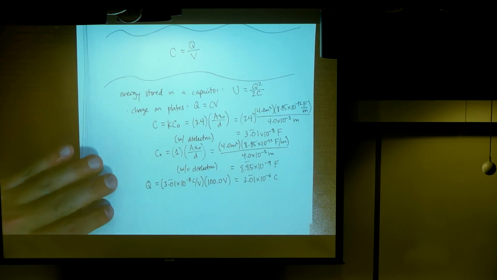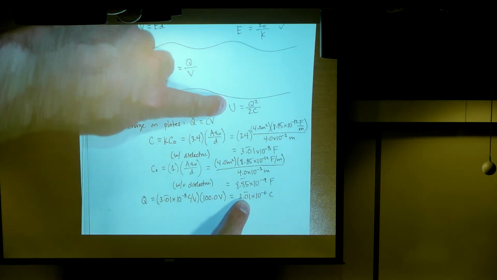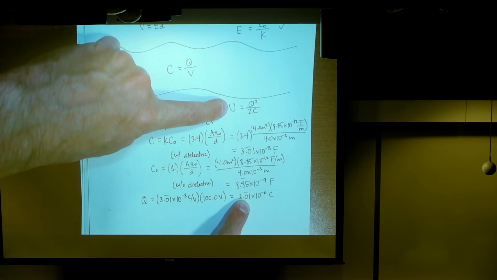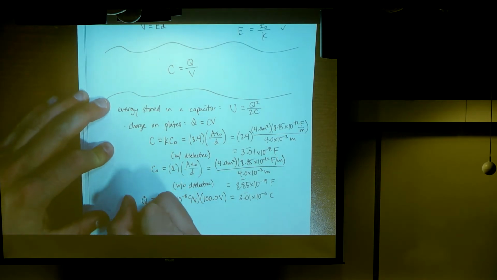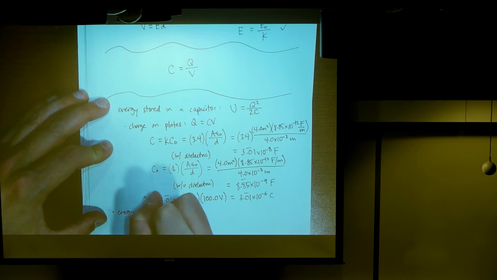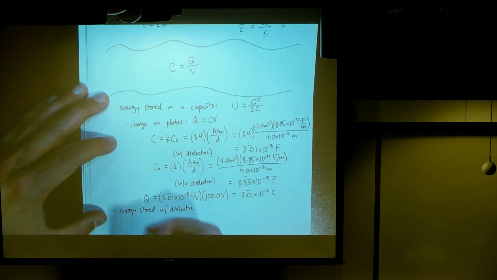Okay, so now that we have the charge on the plates, which stays the same, we can get the energy stored in each scenario, right? So with the dielectric present, that's going to be U. So here, energy stored with dielectric. Let's do that. That's going to be U equals Q squared.